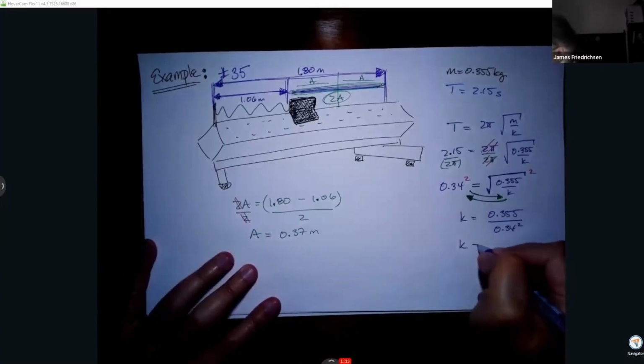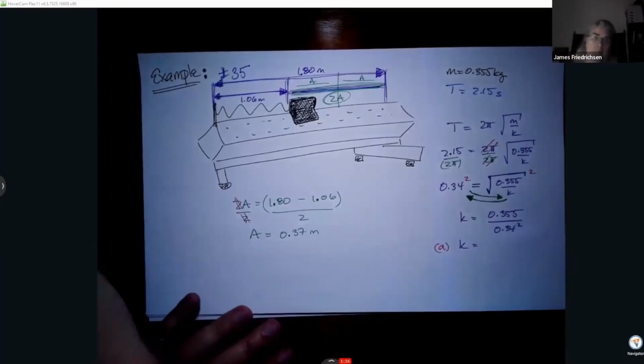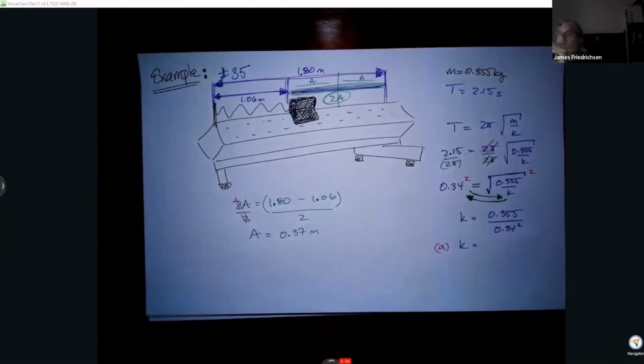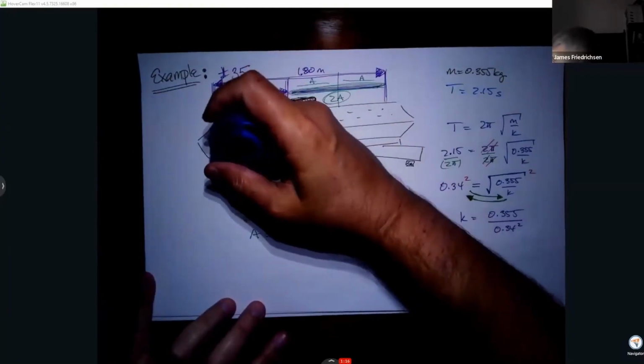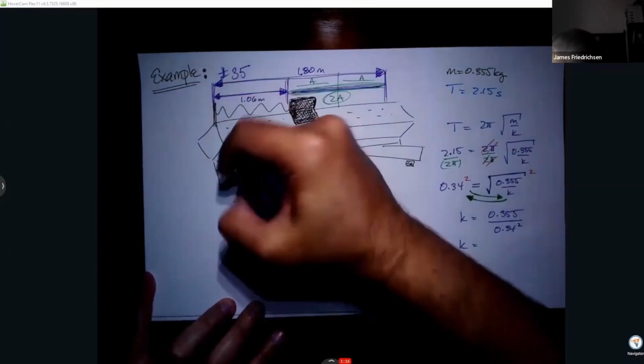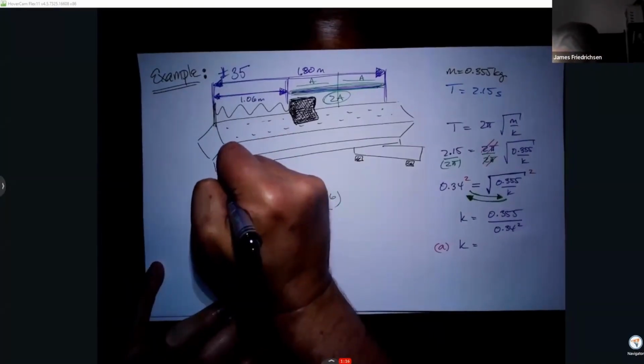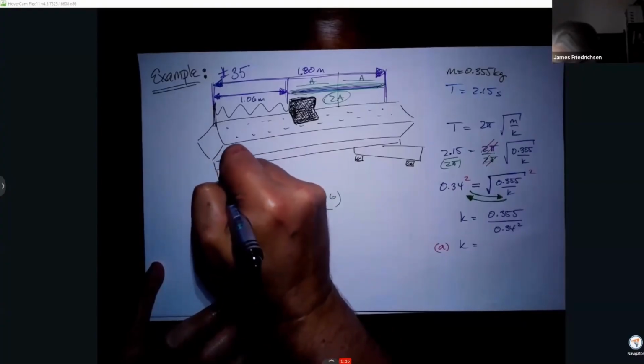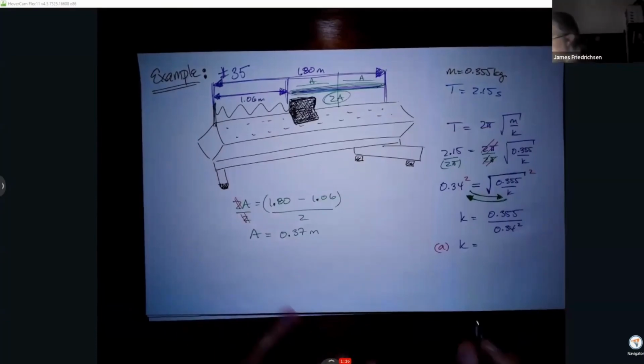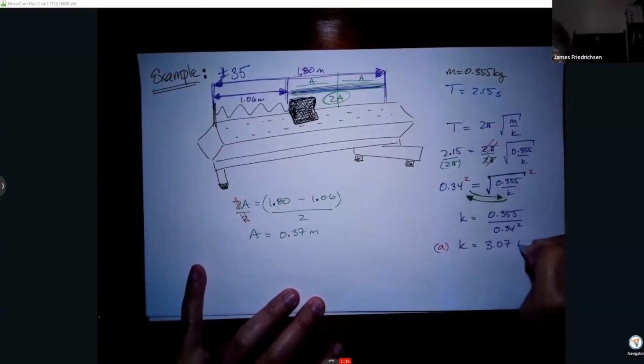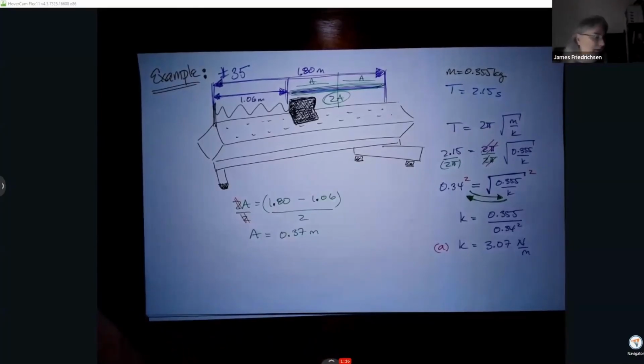And so what do we get for k? 3.07. This should be newtons per meter for our spring constant.